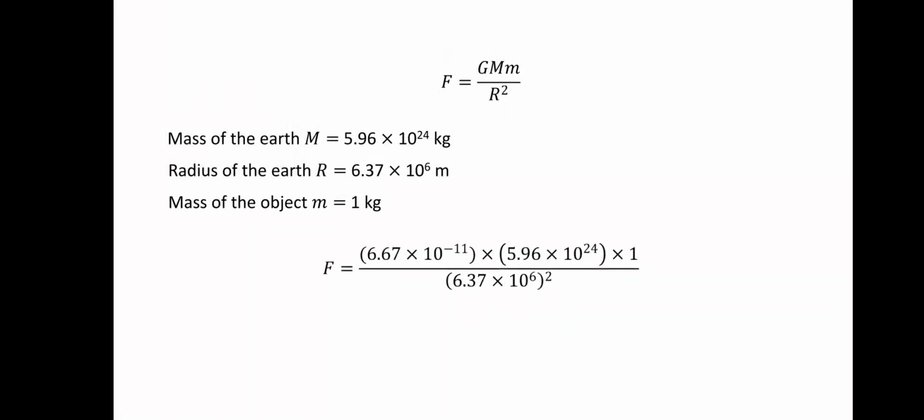So if the mass of the Earth is 5.96 into 10 to the power 24 kg, and we know that the radius of the Earth has been calculated as 6.37 into 10 to the power 6 meter, and we assume the mass of the object is 1 kg, then in this relation, if we substitute these values, G, the universal gravitational constant, is 6.67 into 10 to the power minus 11, into 5.96 into 10 to the power 24, that is the mass of the Earth, into the mass of the object, that is 1 kg, by the radius of the Earth squared, 6.37 into 10 to the power 6 whole squared.